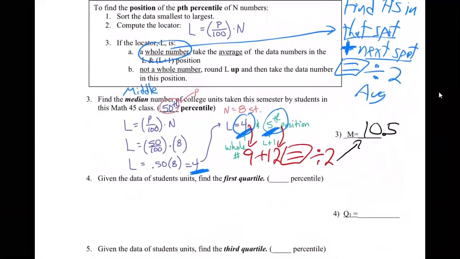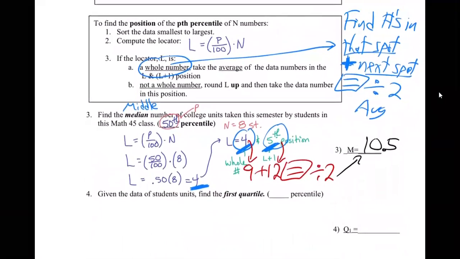I'll show you an example of that, but I can mention it even now. If that 4 had been like 4.1, you would round up to 5, and then you would just grab the 5th number, which is just the 12. Done. We wouldn't add any numbers or divide by 2 or any of that. You just round up and you take that number. We'll do that on number 6. Any other questions here on number 3?